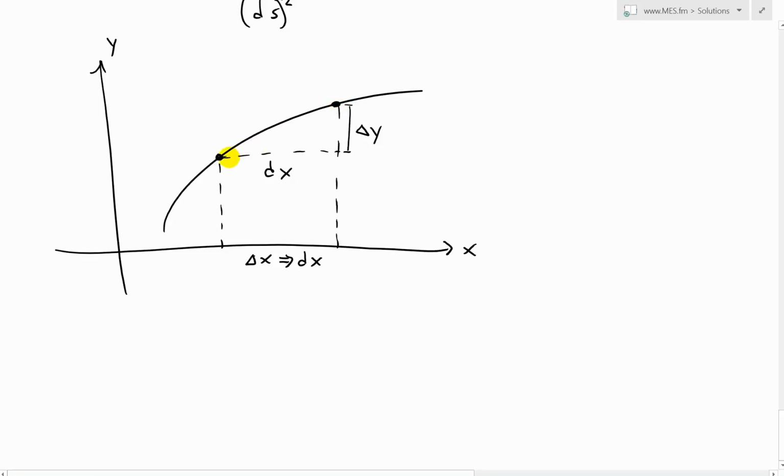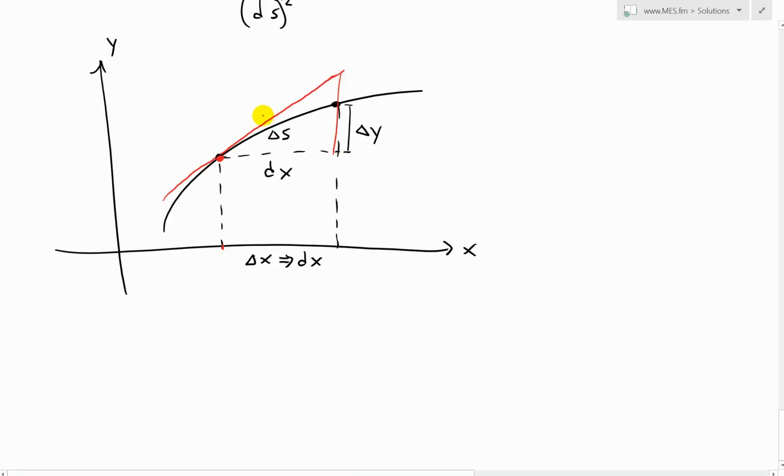And now the displacement from here to here in the arc length, we'll call this delta s. The reason this is delta s and not ds, and this is delta y, not dy, is because those values are based upon this infinitely small dx. In other words, to determine that, we would draw an instantaneous slope across here. So we would draw a line that's tangent to this point at this very point here, and then from there we could draw a triangle.